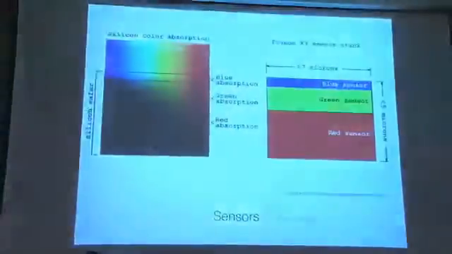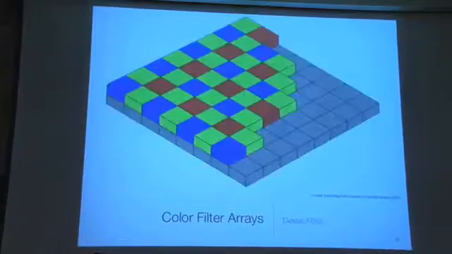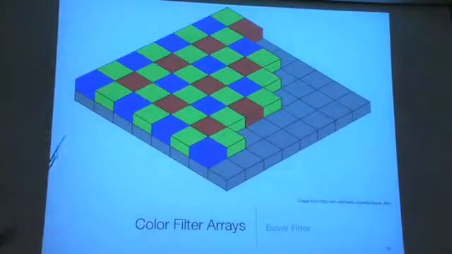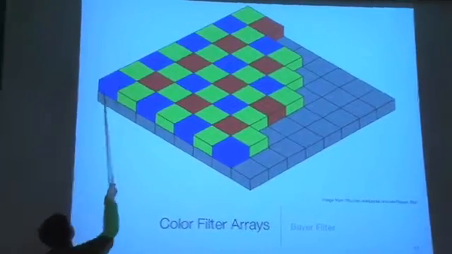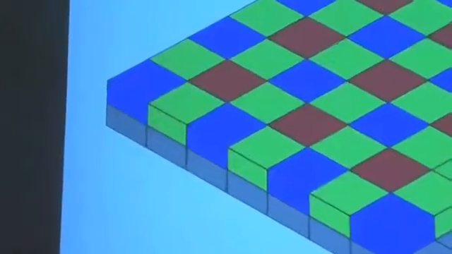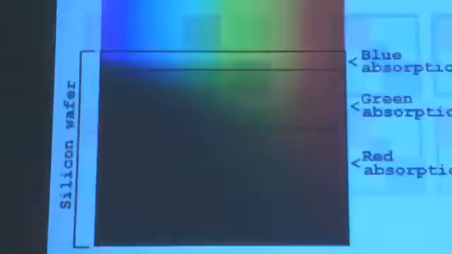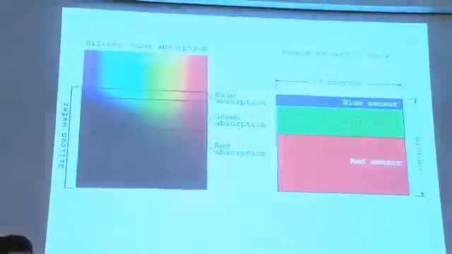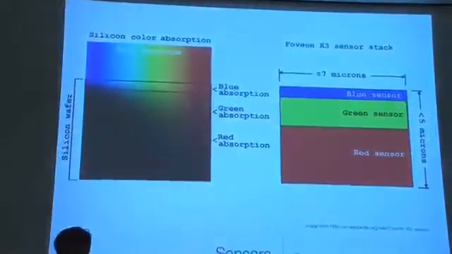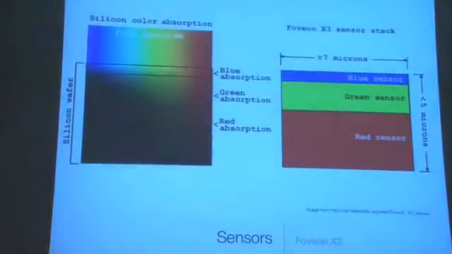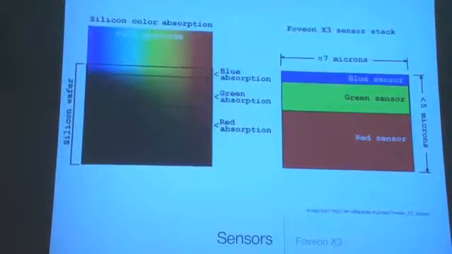So rather than have color filter arrays, where it has a pixel that can only detect one color, and then right next to it a pixel that can only detect a different type of color, it uses the properties of silicon itself. If you remember, these sensors are made out of silicon wafers, from the How It's Made video from last time.